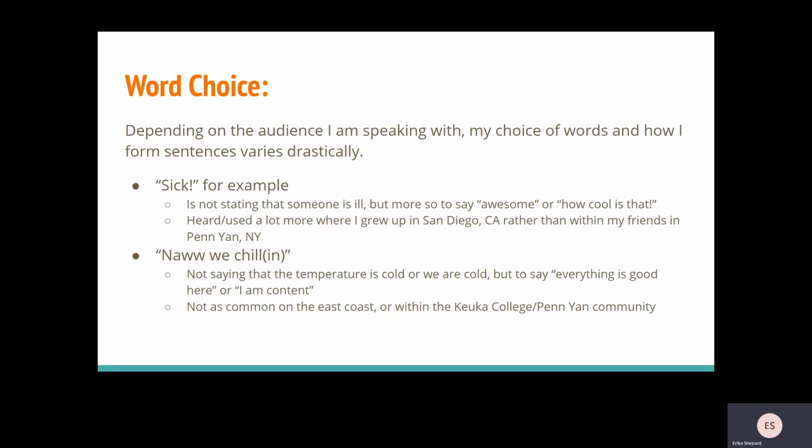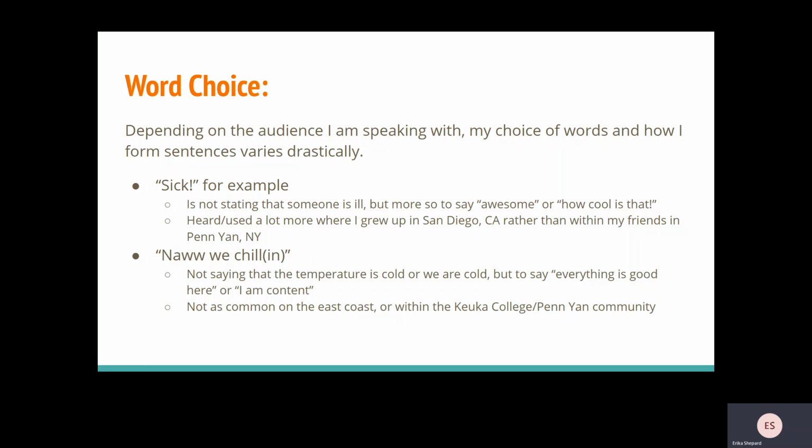It's kind of in replacement of cool, awesome, that's great. It's just another positive word. It's not meant to explain that someone is sick or ill or not feeling well. It's like, no, I'm good, I'm awesome.